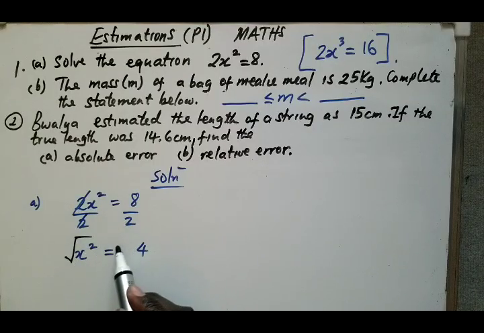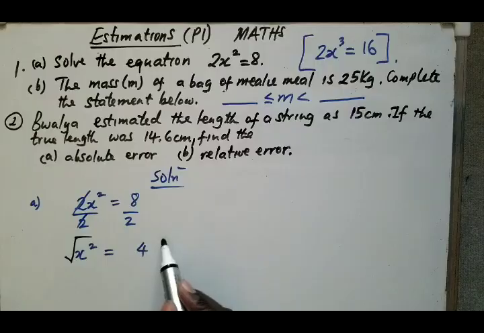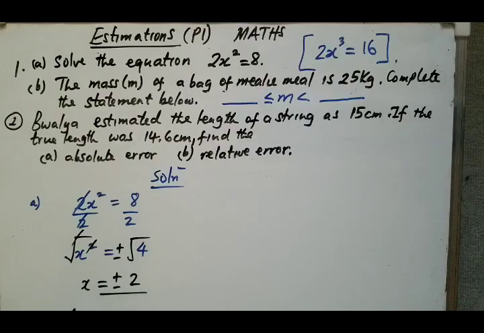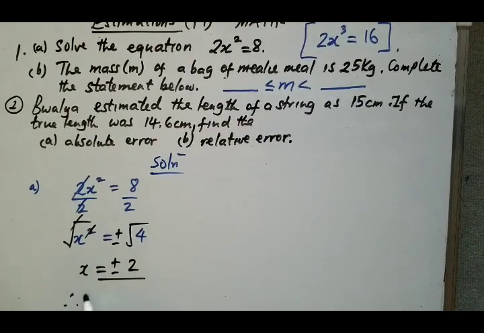What you do on this side, you also do on the other side, but here the square root will be either positive or negative. So I remain with x equals plus or minus the square root of 4, which is 2. Therefore you conclude that x can either be positive 2 or negative 2.